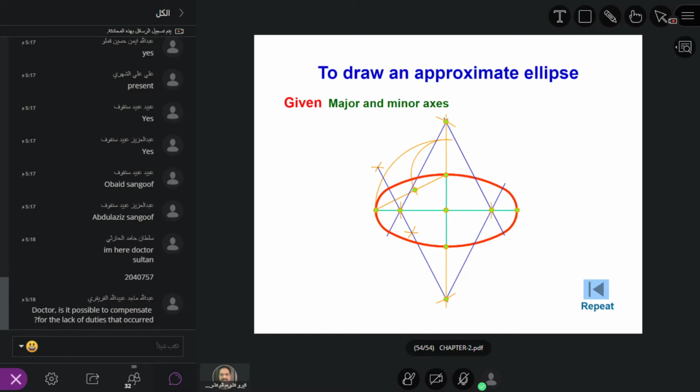You can very well use a scale and mark the major axis yourself, or measure from your mini drafter, if the major axis is given for the ellipse. He is using a compass by using a software, so you are doing it manually. That's it.